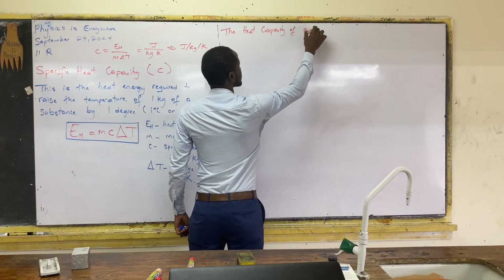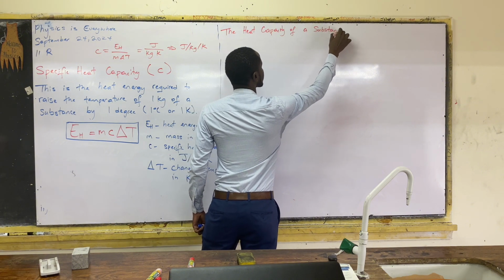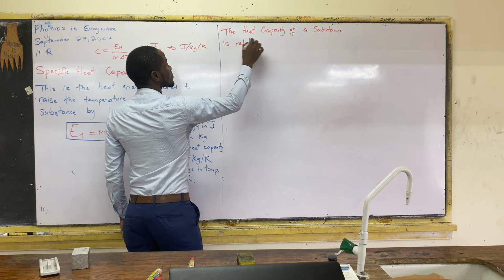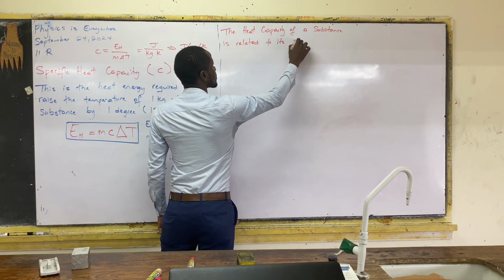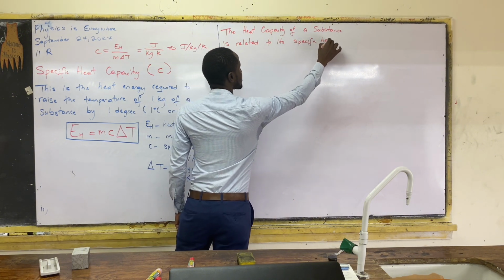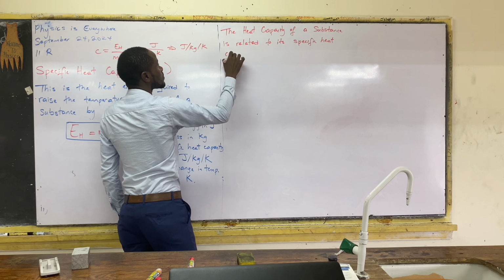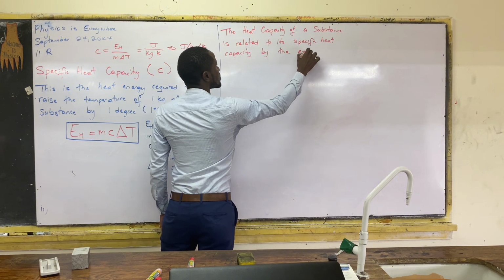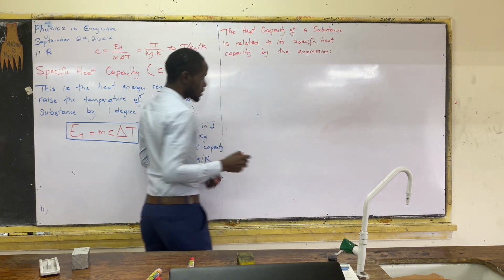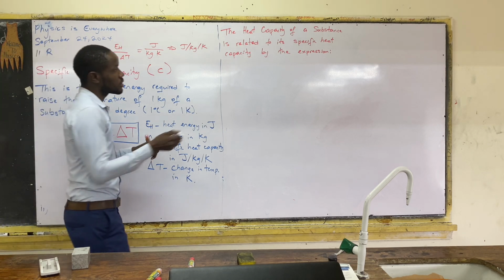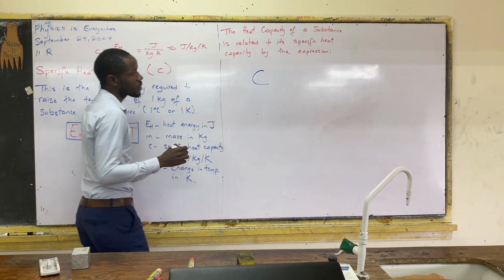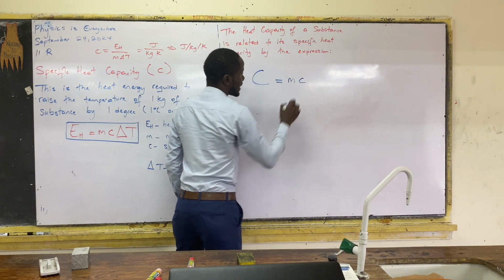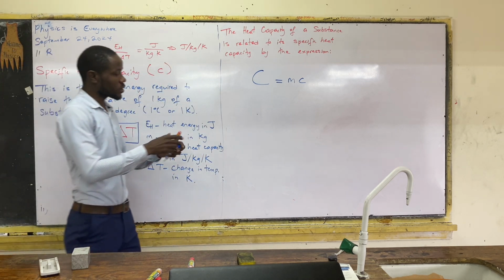The heat capacity of a substance is related to its specific heat capacity by the expression where the big C is equal to m times little c. So C is equal to mc.